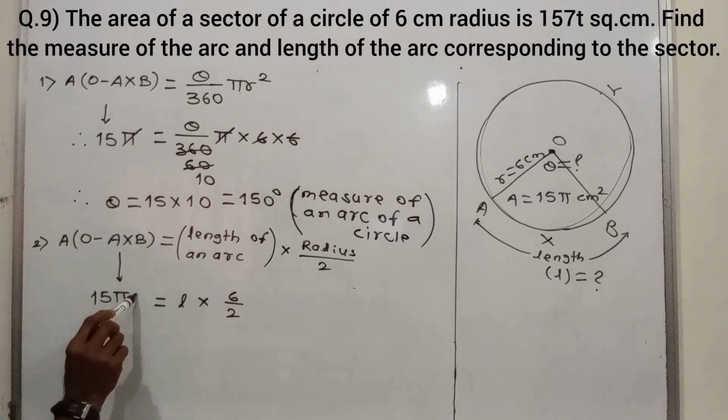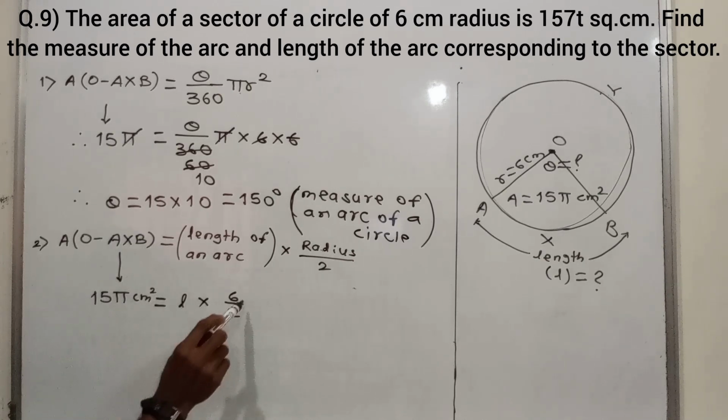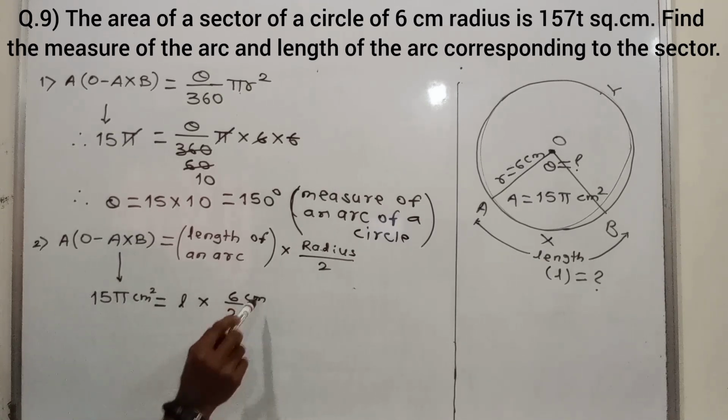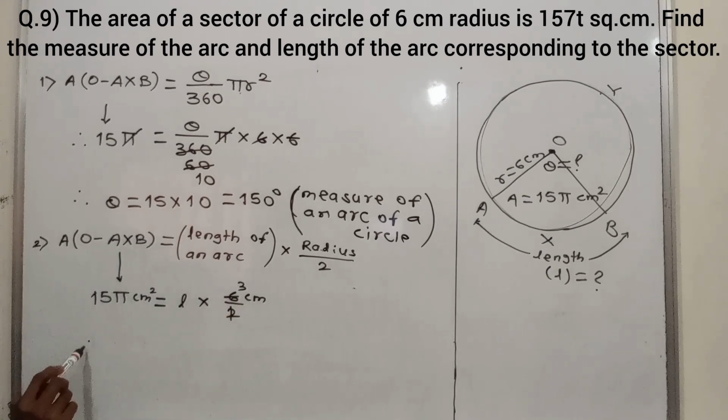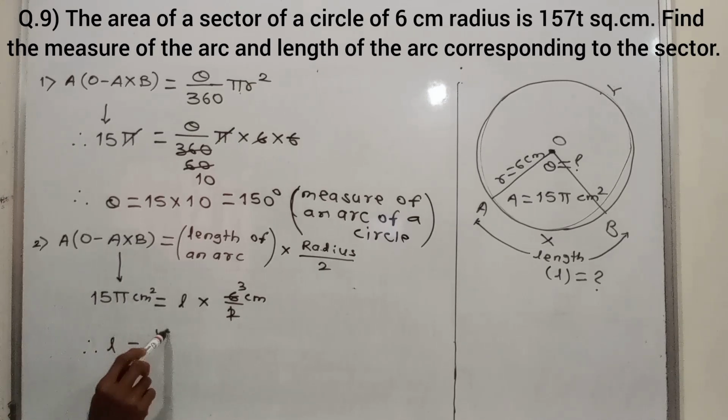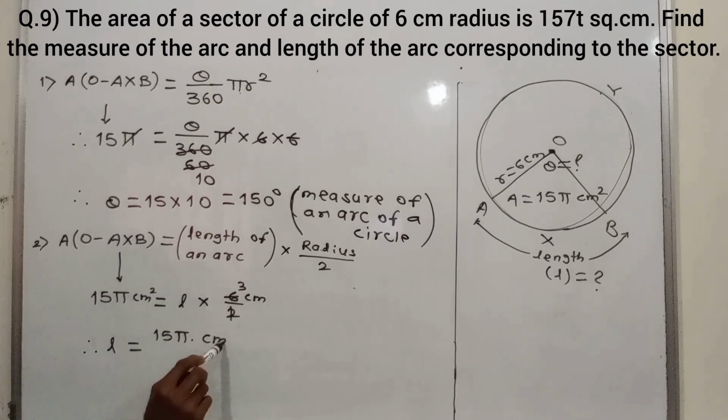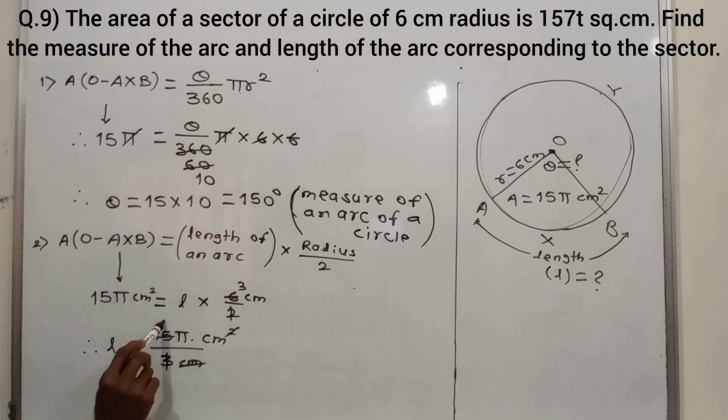See this here, square centimeter or centimeter square, and this is centimeter. 2 3s are 6. Therefore, length is equal to 15 pi centimeter square, and this 3 comes here, centimeter. 3 5s are 15.